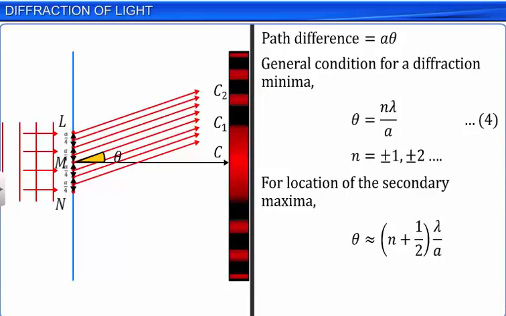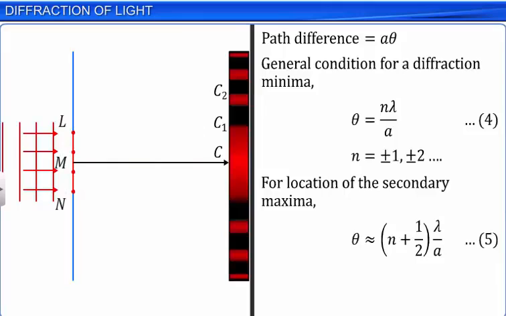Let us now verify the validity of equation 5. Imagine that the screen is split into 3 equal parts of width a by 3. Consider a point C0 approximately between C1 and C2 at an angle theta equal to 3 lambda by 2a. Now consider 2 waves from the ends of the 2 top parts.